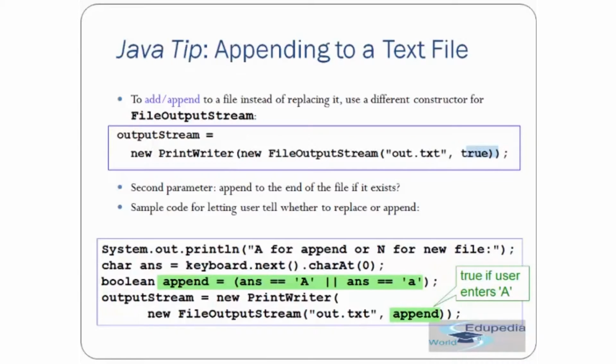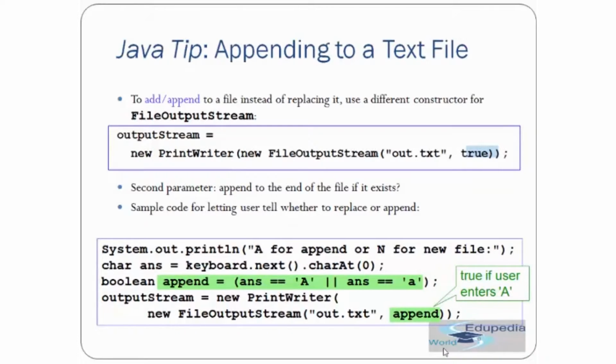Now, when we pass this append variable to our FileOutputStream, it checks the value of append. So if the user entered capital A or small a, the value of append will be true, and thus true will be passed over here and the file will be opened in append mode. If the user entered something which is not a, n or any other character, then it will open a new file.